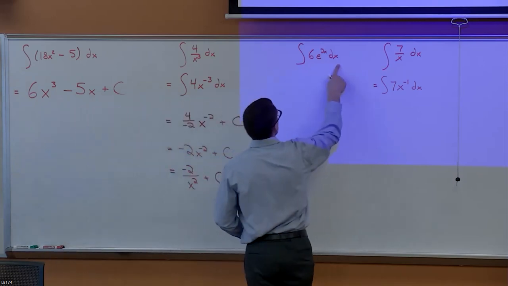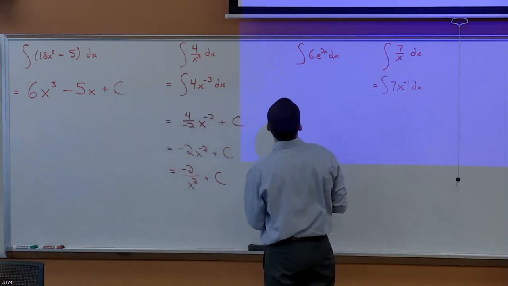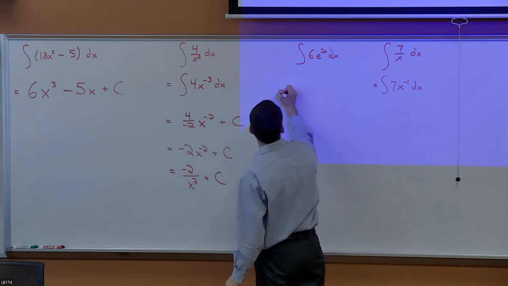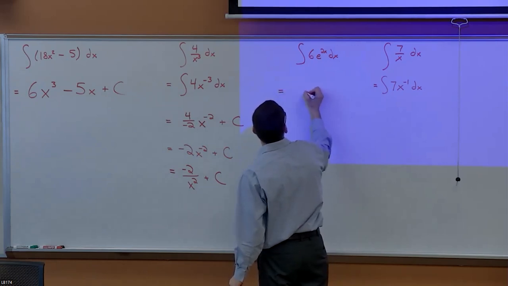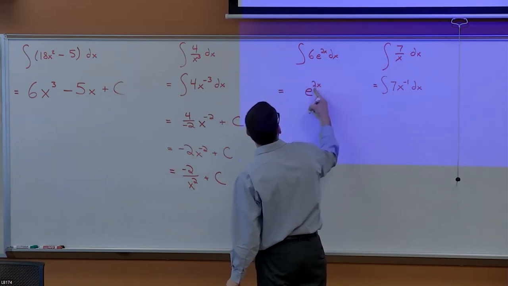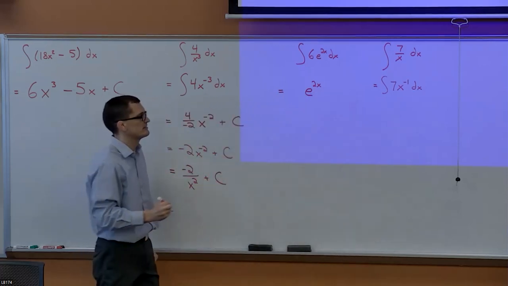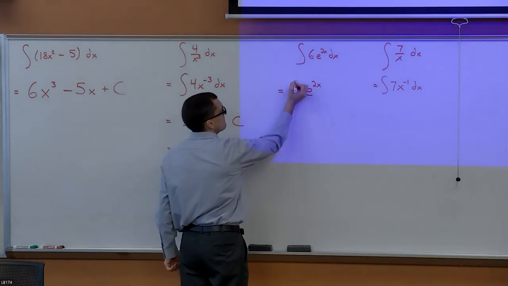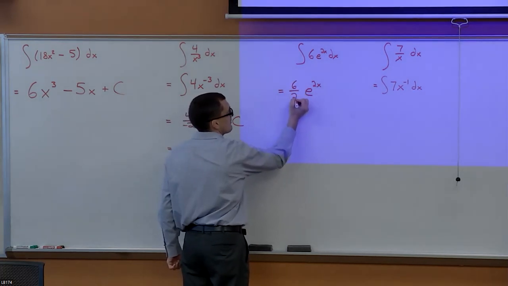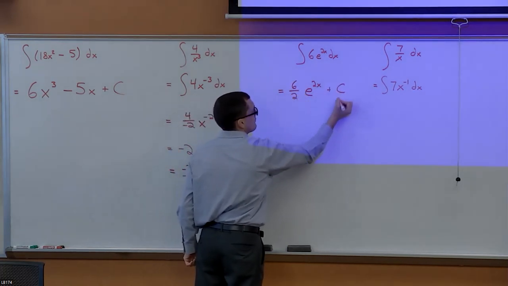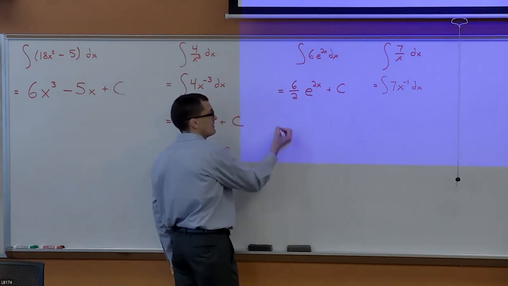All right, let's take a look at this. This was our e to the power rule. So I'm going to take e to that same power. And then because we have a 2x, I'm going to take the 6 as my coefficient and divide by 2.